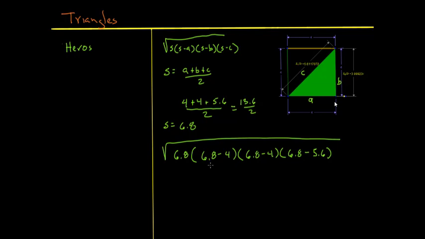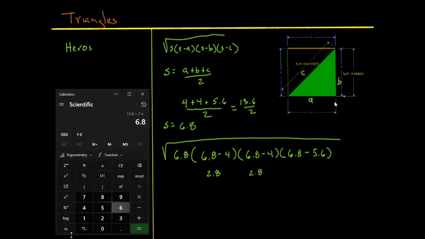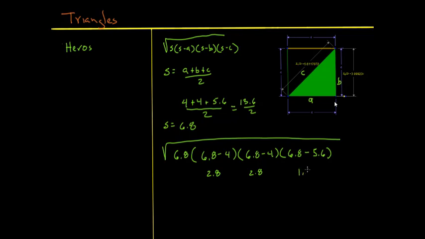So let's break these down. 6.8 minus 4 is going to be 2.8. 6.8 minus 4 is 2.8. And 6.8 minus 5.6 is going to give us 1.2. So we're basically going to have 6.8 times 2.8 times 2.8 times 1.2, and then we're going to take the square root. So let's do that.